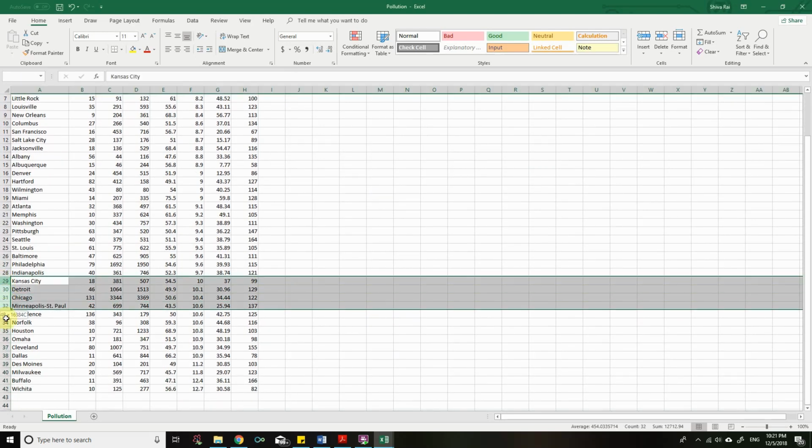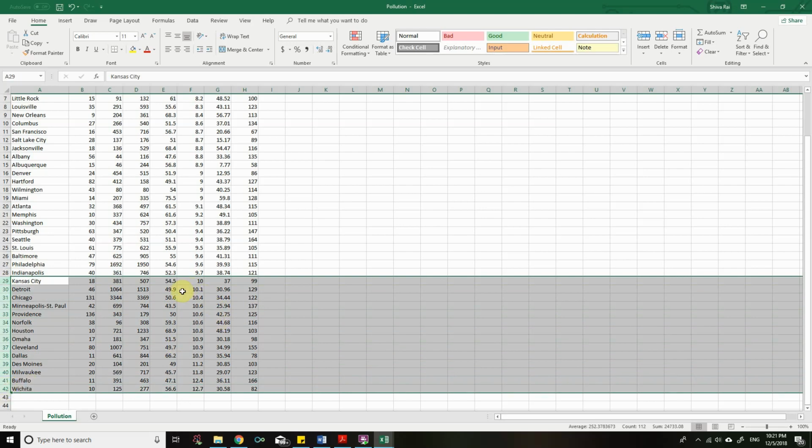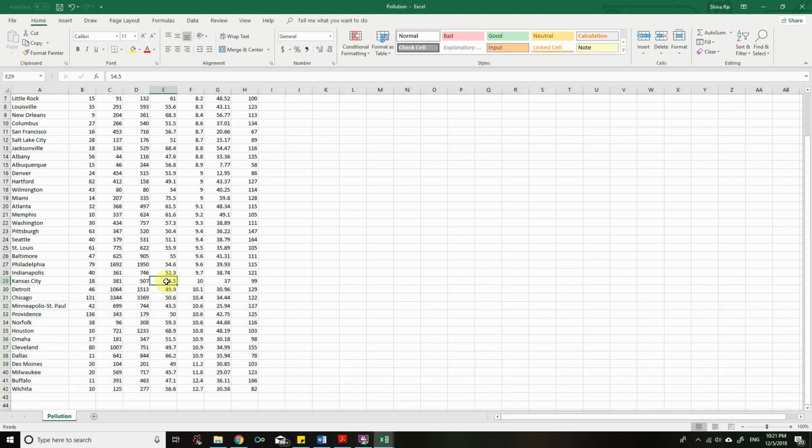From 29 up to 42 are the cities whose wind speed is 10 or more, and we need to check whether the temperature is greater than 40 or not. So the average temperature of these cities is 50.03.